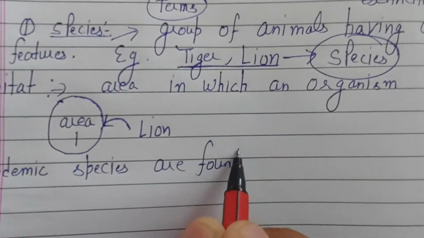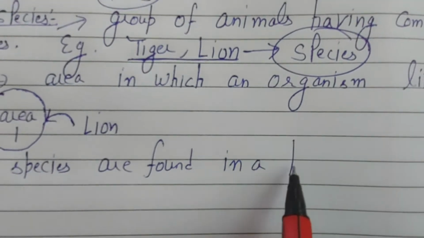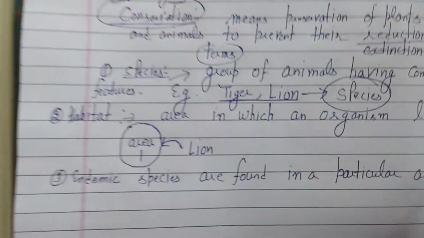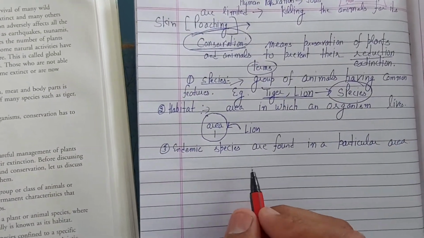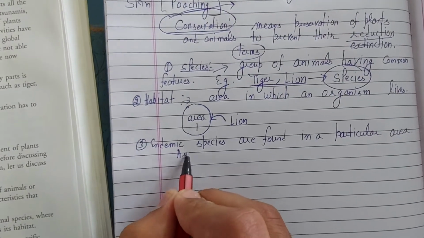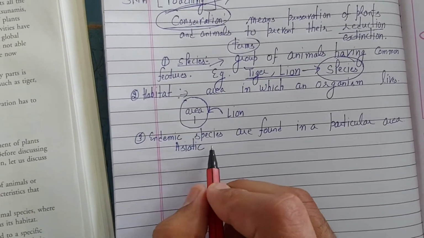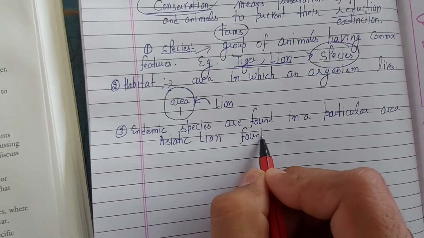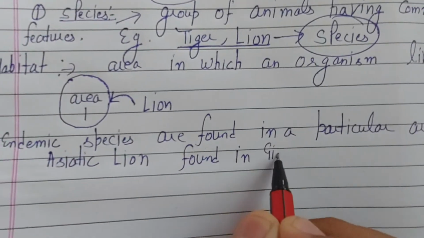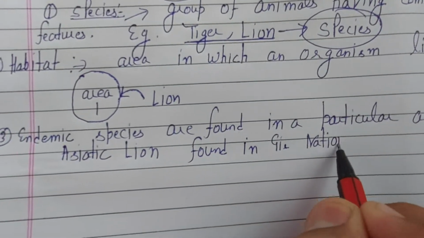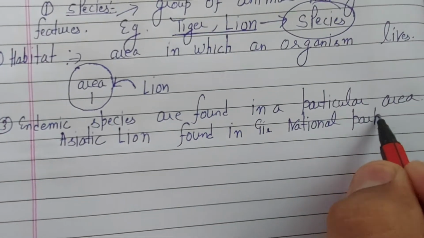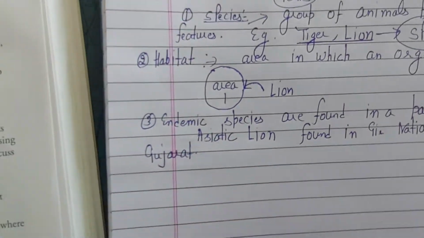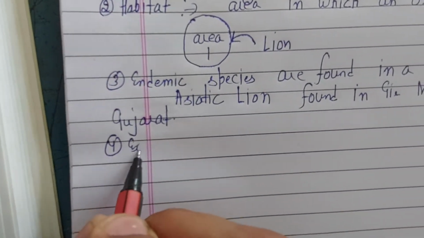For example, the Asiatic lion is a species of lion that is found mainly in Gir National Park in Gujarat. Like this.